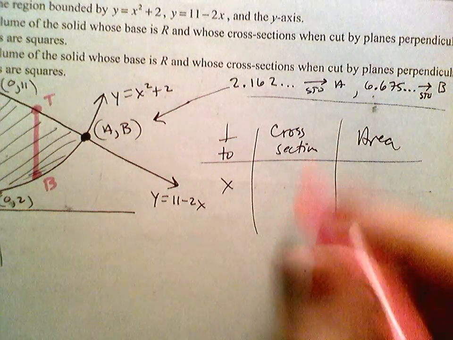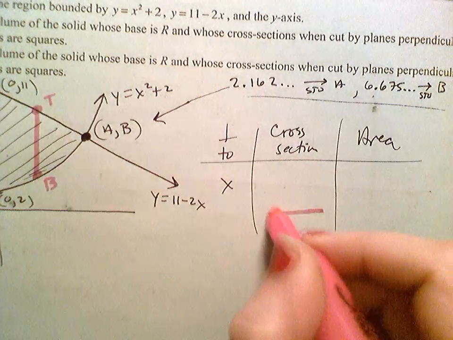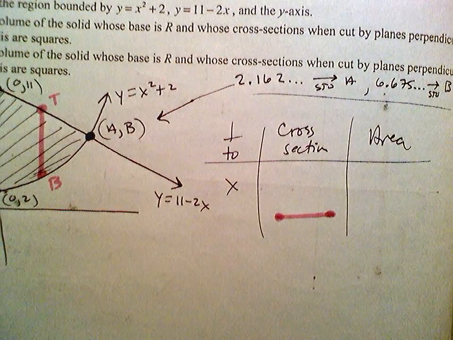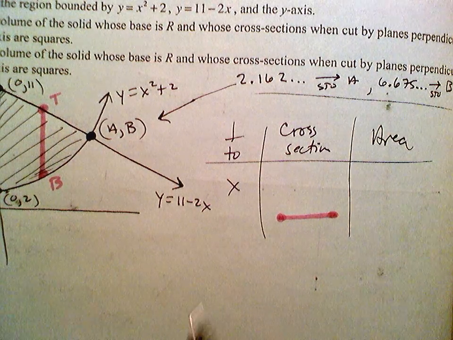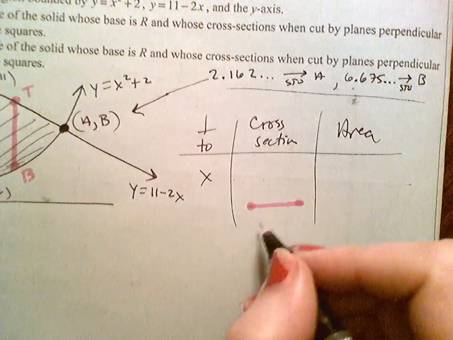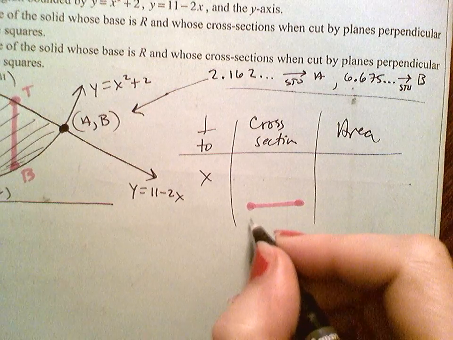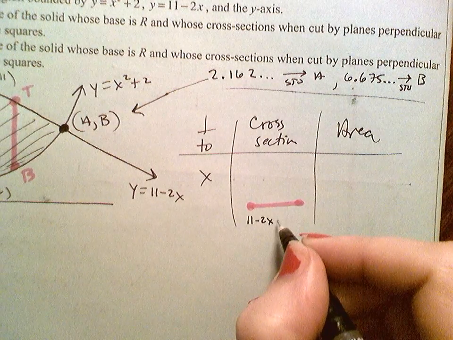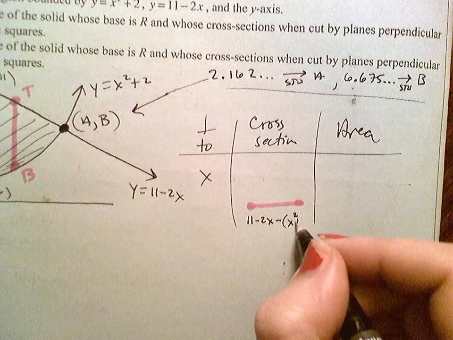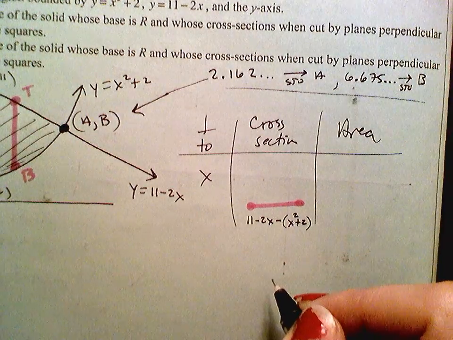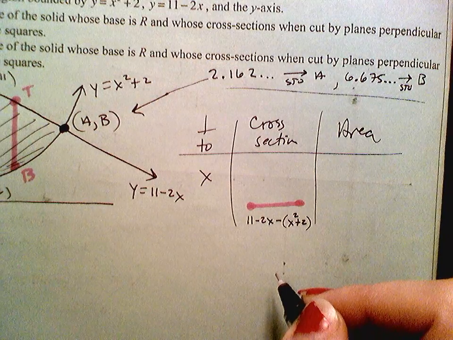So here is that same pink line that I drew on the region, the same exact one. And its length, the top function minus the bottom function: the top function is 11 minus 2x, minus the bottom function, x squared plus 2. Let me simplify just a little.